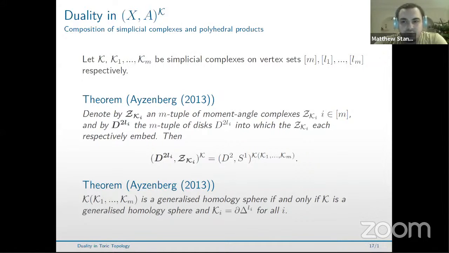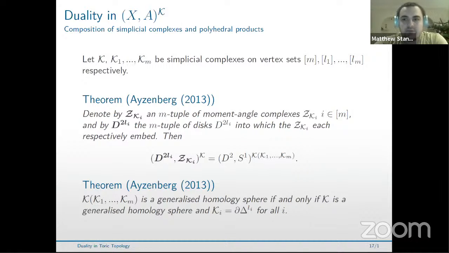If in our polyhedral product we have a disk D^2 Li and then the moment angle complex Z sub Ki, where Z sub Ki is on the vertex set L sub i, so that's where this Ki and this Li are related, then this polyhedral product can actually be written as a moment angle complex. So we have that it is the moment angle complex on the simplicial complex which is the composition of K with K1 through Km.